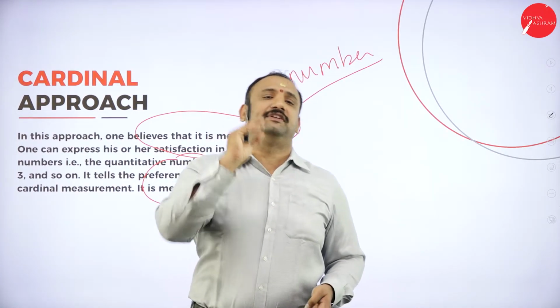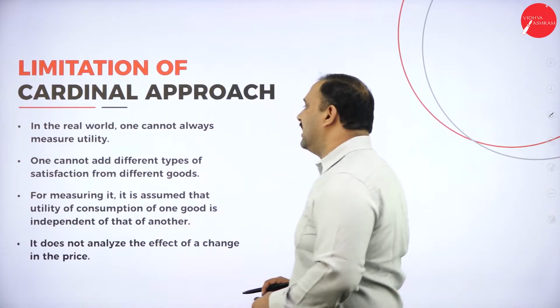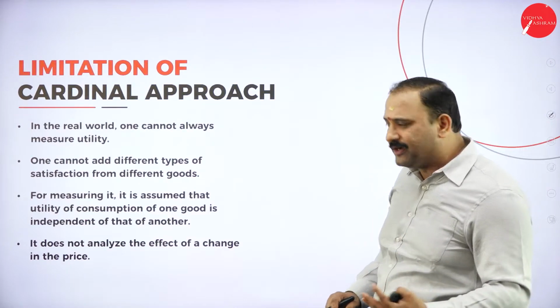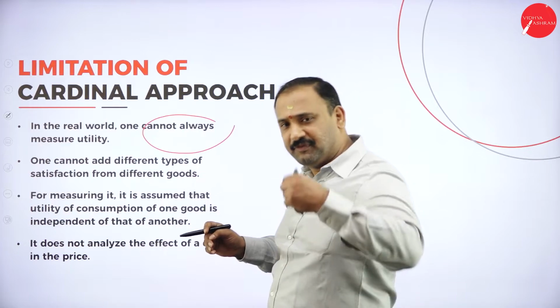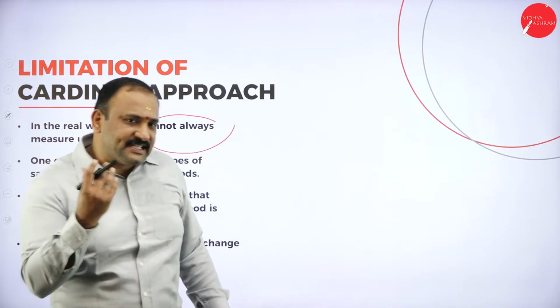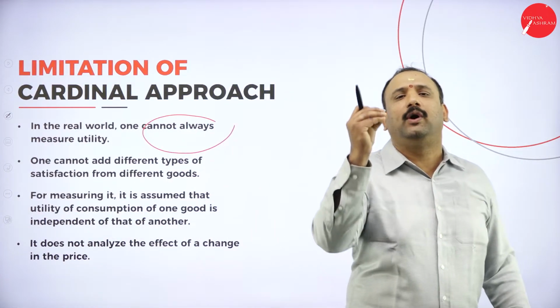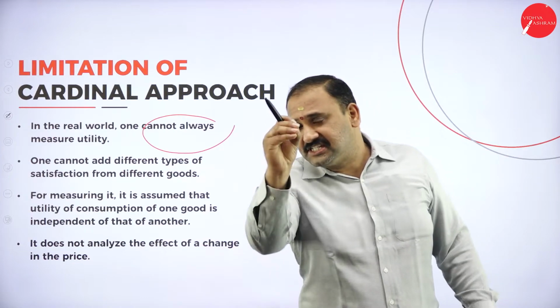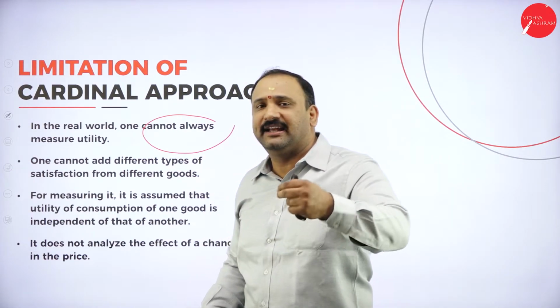in terms of numbers. Moving further, the limitation of the cardinal approach is that in the real world, everything cannot always be measured through numbers. Now, we have many kinds of hobbies. For example, what is the satisfaction you get after listening to wonderful music? What is the satisfaction you get by doing a hobby like gardening?